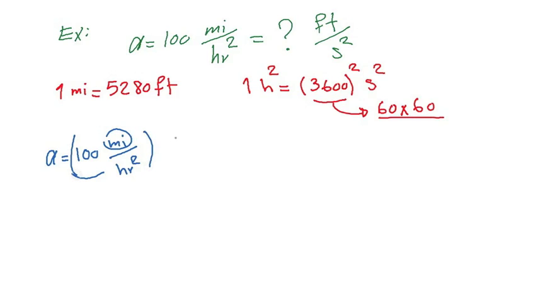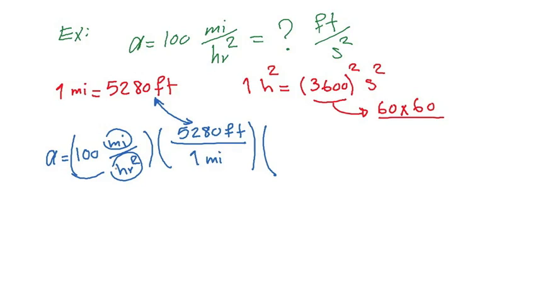So we should multiply this by 5,280 feet, which is coming from here, multiplied by 1 mile. And in order to get rid of hour squared in denominator, we should multiply 100 by an expression contains hour squared in numerator.